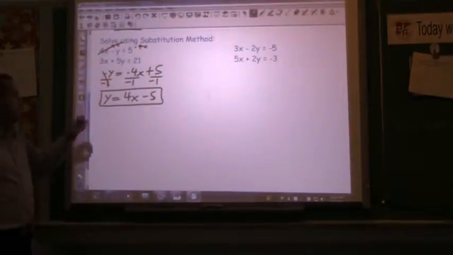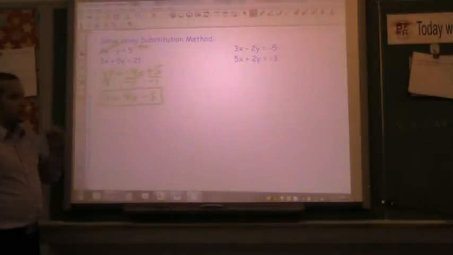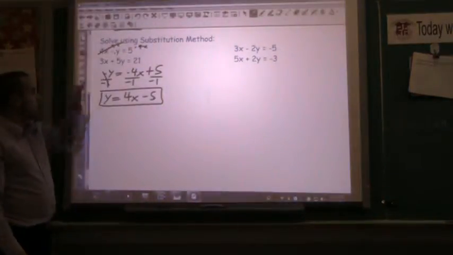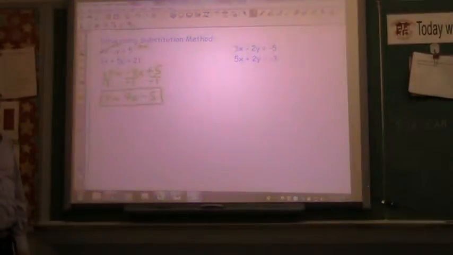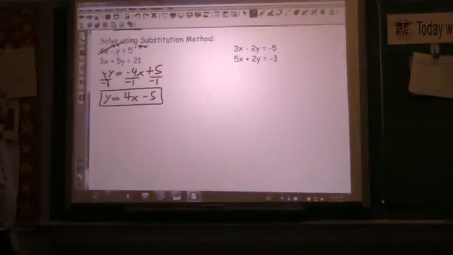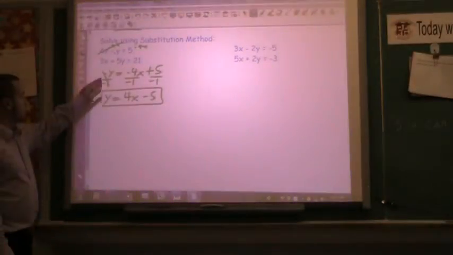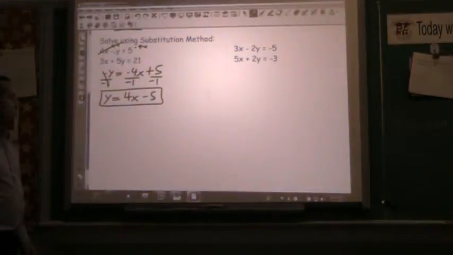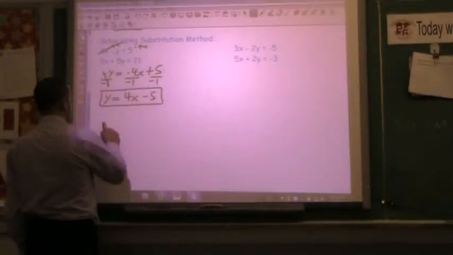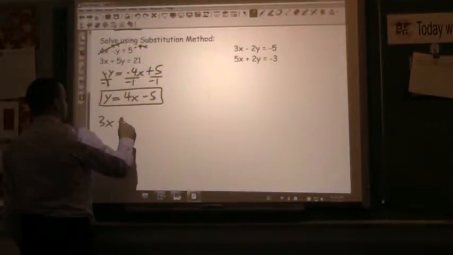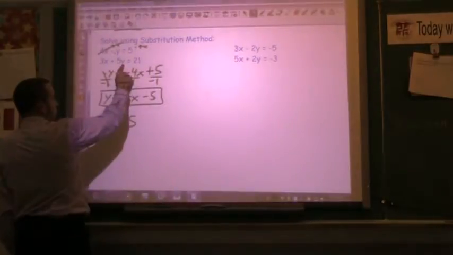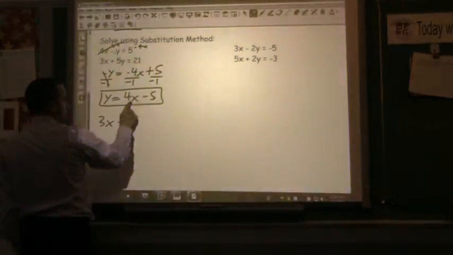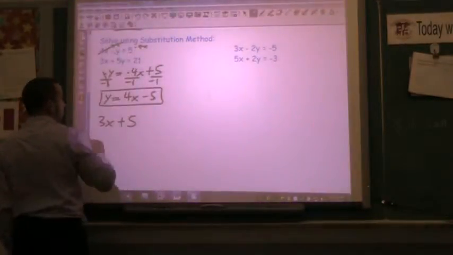Now you have to plug that in place of y in the second equation. You can't plug it back into the first equation. You'll get 0 equals 0, and so you won't be able to solve for anything. So we need to plug it into the second equation, the one we haven't used yet. The second equation has 3x plus 5, and where you see the y, plug in what you solved y to be from the first equation.